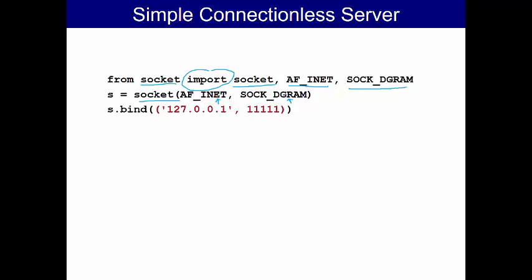After that, once the socket object is created, you need to call the bind function. This is a port number, and this is the IP address. This IP address is not your own IP address; it is the IP address that you want to open.